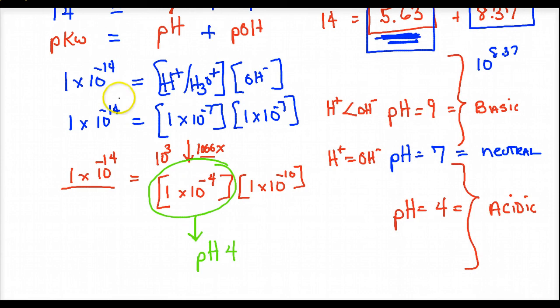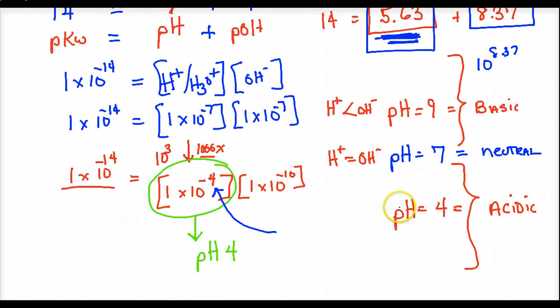Why? Well, party people, when the H plus ion concentration is bigger than the hydroxide concentration, this exponent has to be smaller. Think with me for a second. This number is going to get smaller. Because we're dealing with negative exponents, the smaller the number, the higher the integer behind the negative.